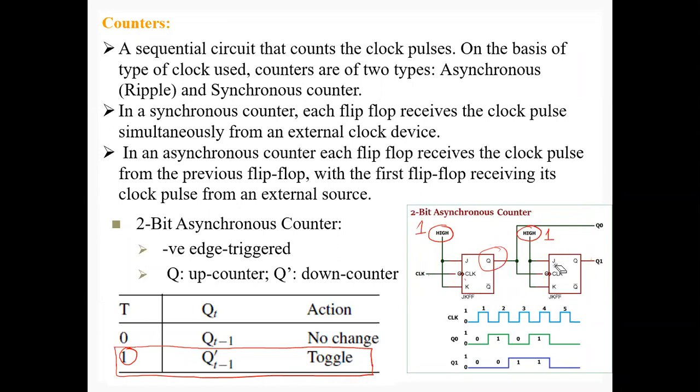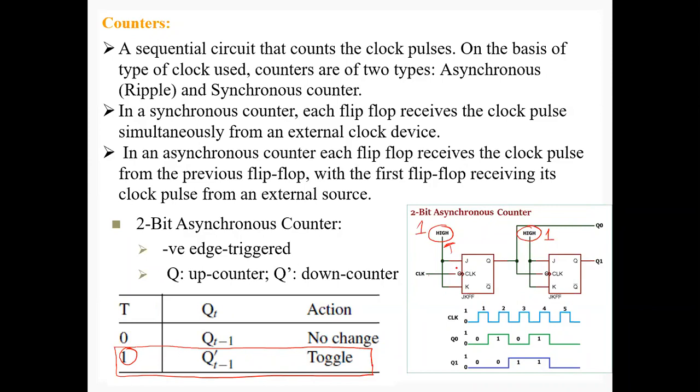But if you want to make it count down, then you can take the output from here. But the thing is, how does it work as count down? Let's talk about that. In this case, this is a JK flip-flop, and what is T in this case? T is high. This is also called T: J and K connected together.